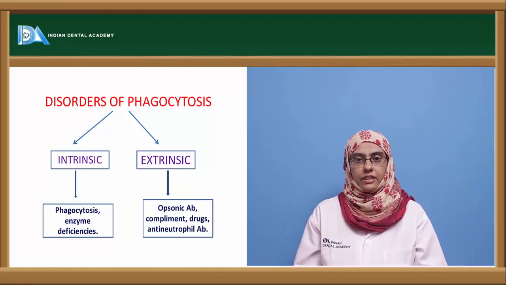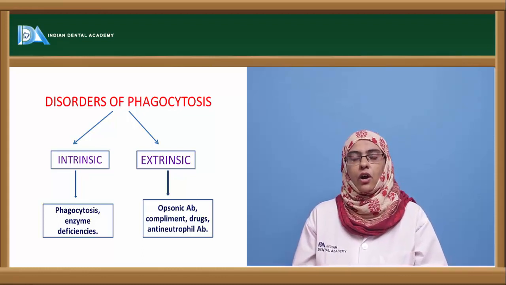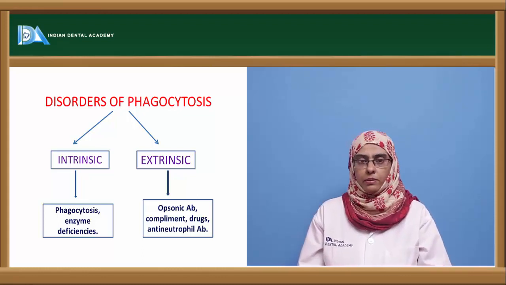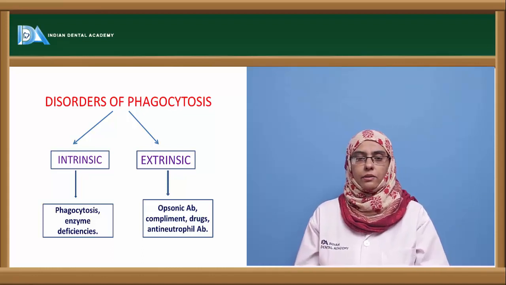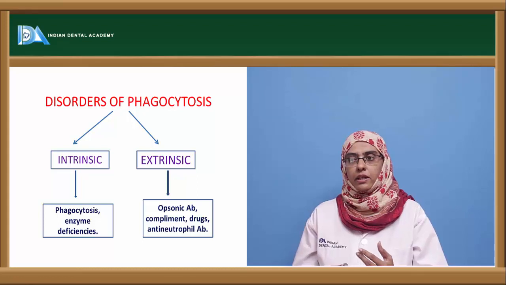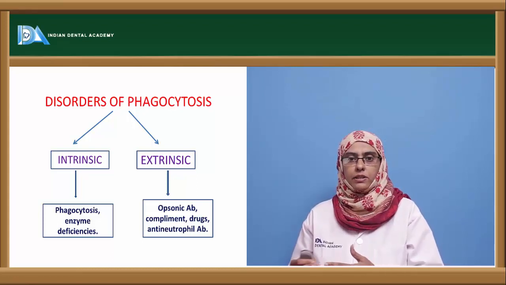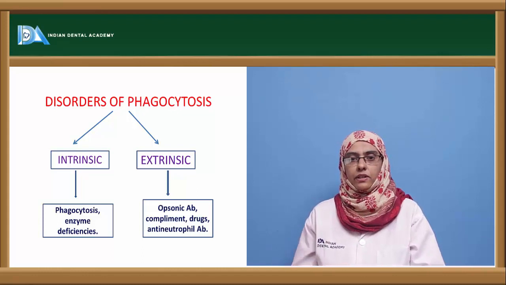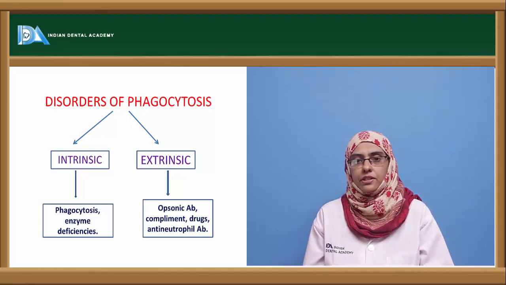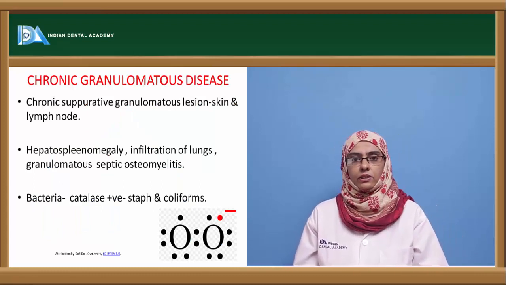Coming to the extrinsic factors that cause defects in phagocytosis: the opsonic antibody, complement, drugs or anti-neutrophil antibody. Any decrease in opsonic antibodies, complement or anti-neutrophil antibody can disturb the phagocytic activity of the phagocyte. So it can be either intrinsic or extrinsic that causes damage to the phagocytic cell and causes immunodeficiency diseases.